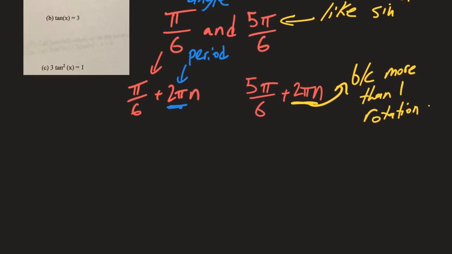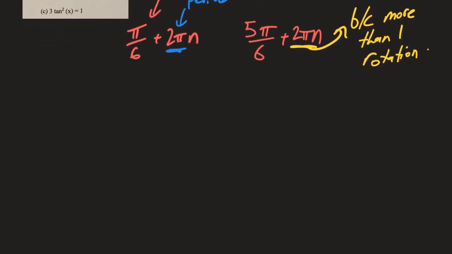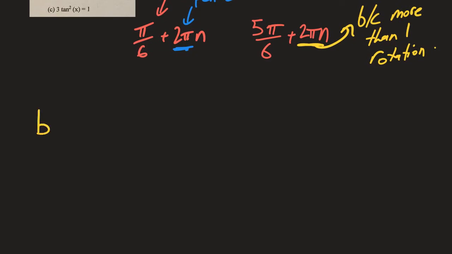Okay, let's take a look at problem B. Problem B reads tangent of x equals 3. Now, if we were to look at the unit circle and calculate our tangent values, we'd pretty quickly find that I really don't have a tangent value that's equal to 3 on the unit circle.